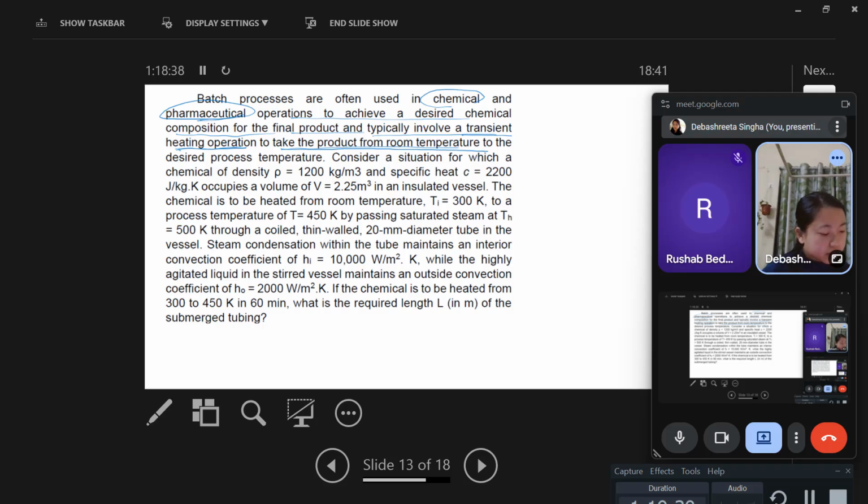Okay, so consider a situation for which a chemical of density 1200 kg per meter cube and specific heat 2200 joule per kg Kelvin occupies a volume of 2.25 meter cube in an insulated vessel.